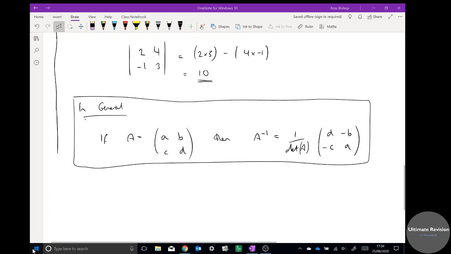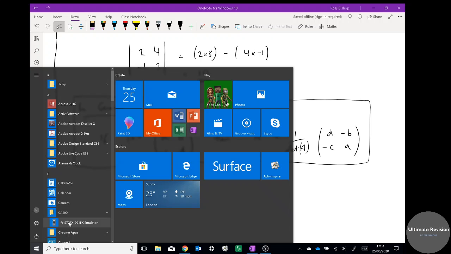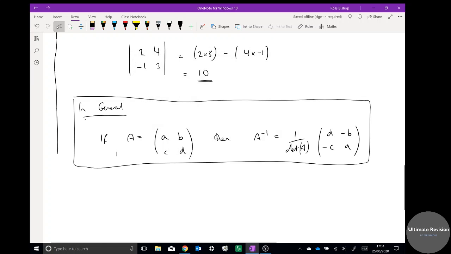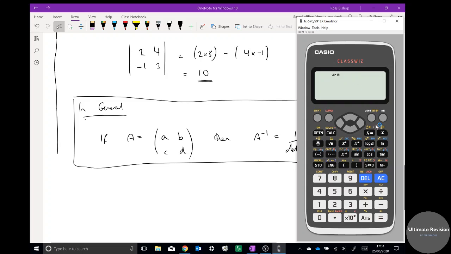You will also find your calculator can do it, which is really useful. So if we get the calculator up, if you go into matrix mode again, and that's A, 2 by 2, and the matrix was 2, 4, negative 1, 3.